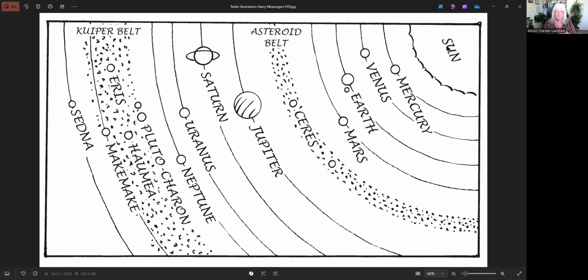So here's the spirit of the solar system, and let's say the solar system is just like a human being in composition. We can take from this model a model for ourselves.